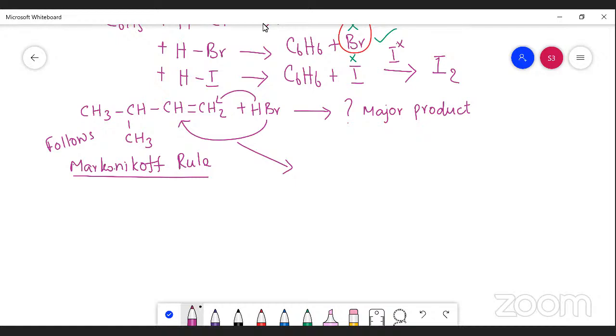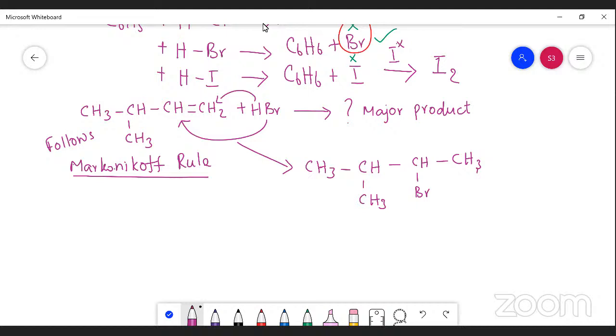So we generally write it this way: CH3, CH, CH3 with Br, CH3.